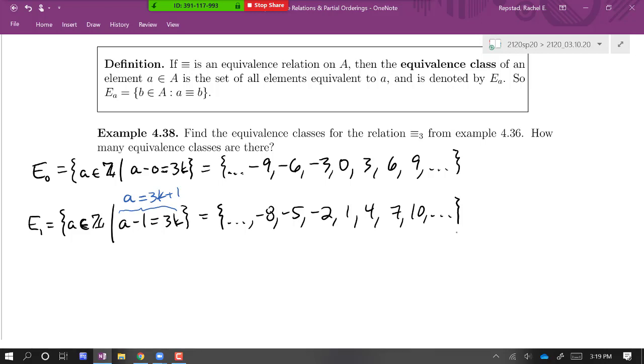Note that 2 is not in either of these two equivalence classes. So let's see what's related to 2. The equivalence class of 2: if you're related to 2, that means that a minus 2 is a multiple of 3.